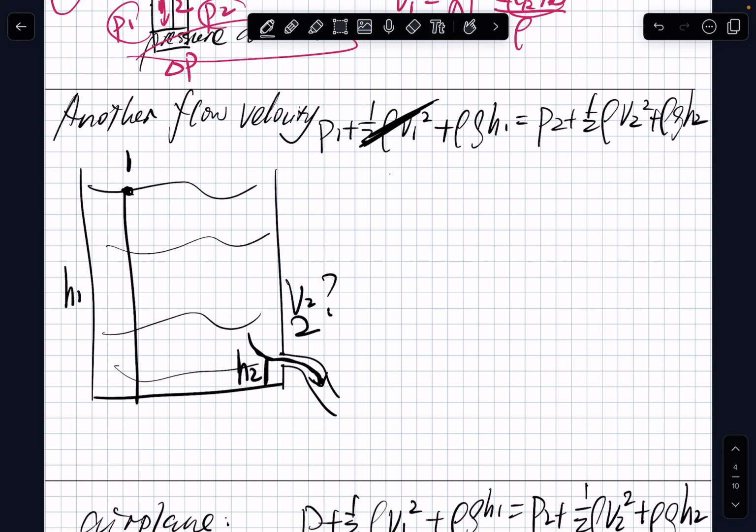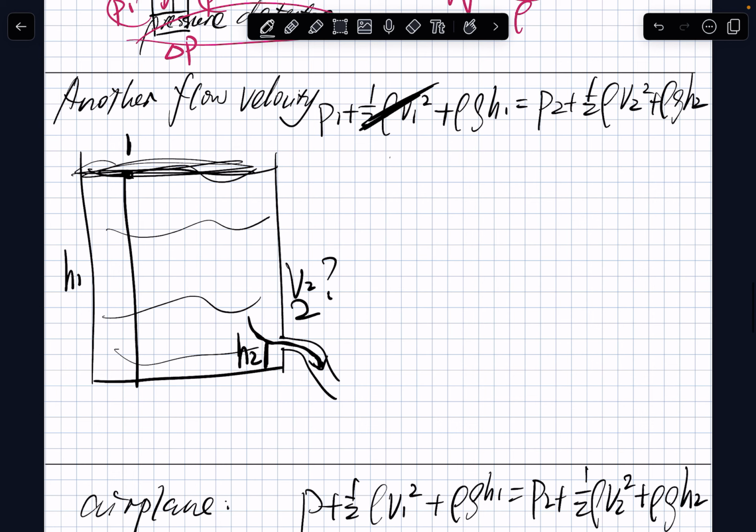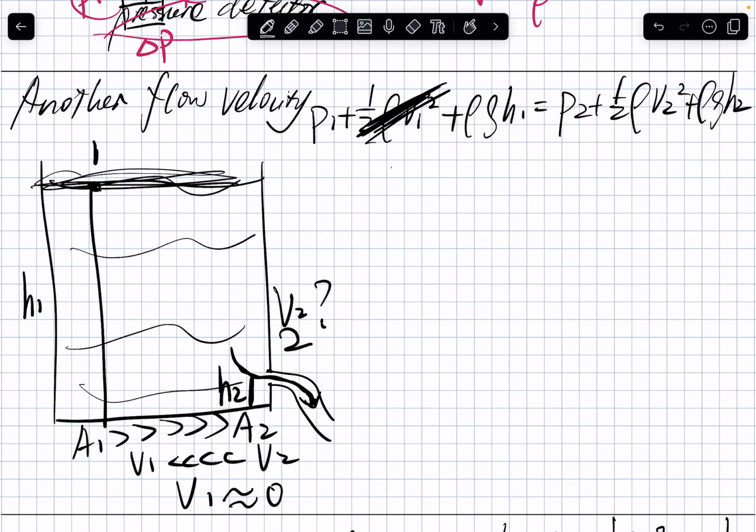As you can see here, this little leaky part has a very small cross-sectional area, whereas I have a larger area here at point 1, so you can tell that A1 is way larger than A2. Because A1 is way larger than A2, according to the continuity equation, V1 is way less than V2. So V1 we ignore; it's roughly equal to 0. That's why I crossed out this term, okay?